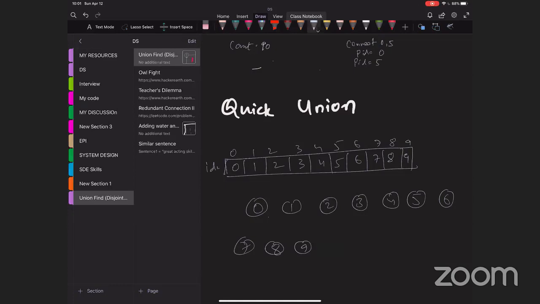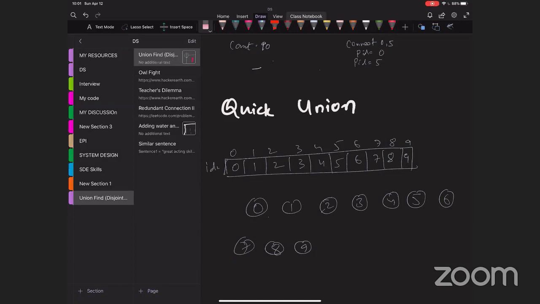What I'm going to do is say connect 2 to 9. Okay, union 2 and 9. And the way I'm going to do it is, I'm not going to go through the whole array.